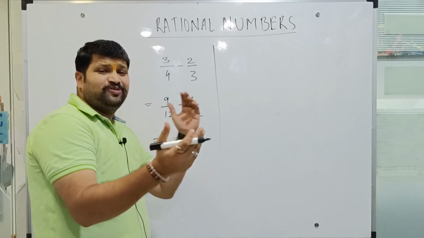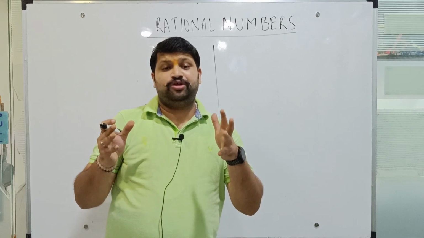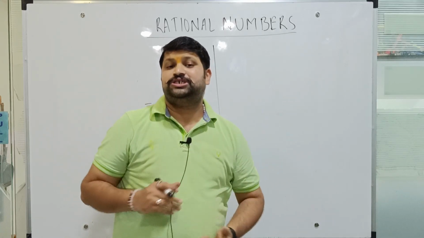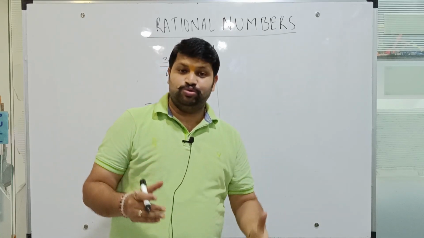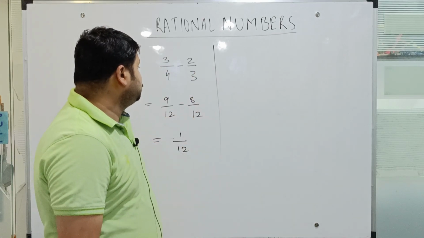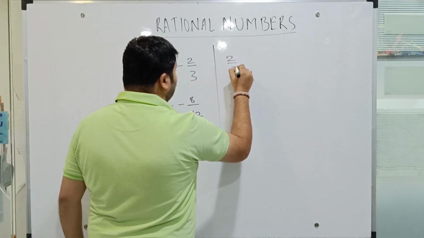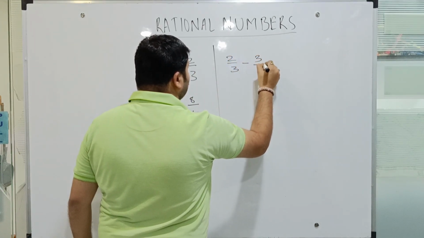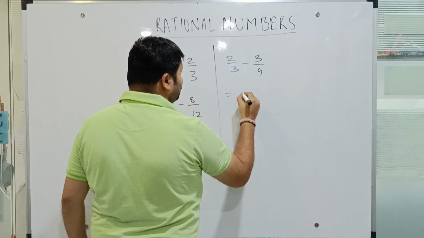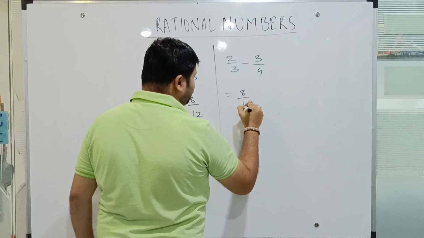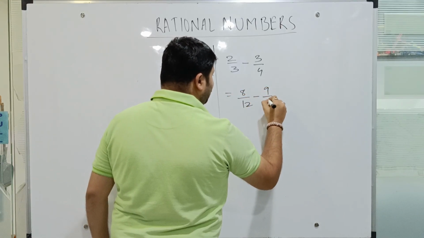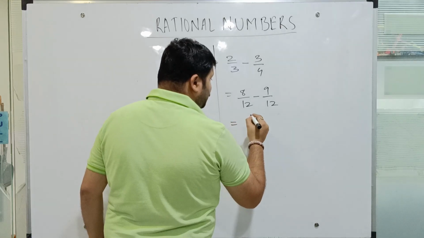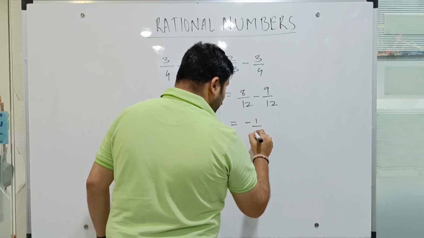Now what happens if we change the order? Because when we talk about commutativity, it is about changing the order in which we do the operation. So in this case, it would be 2 upon 3 minus 3 upon 4, giving me 8 upon 12 minus 9 upon 12, which would be equal to minus 1 upon 12.